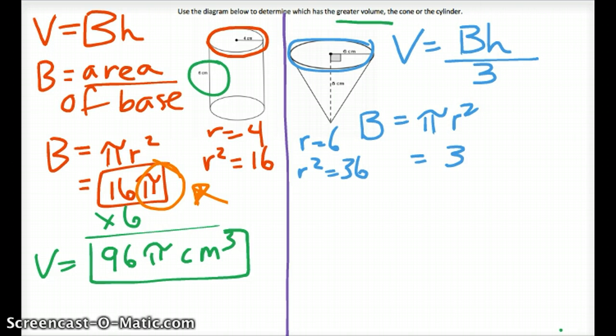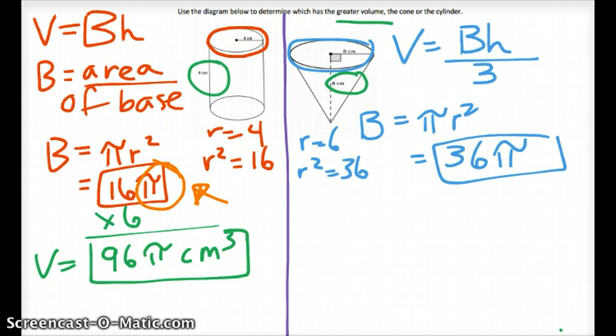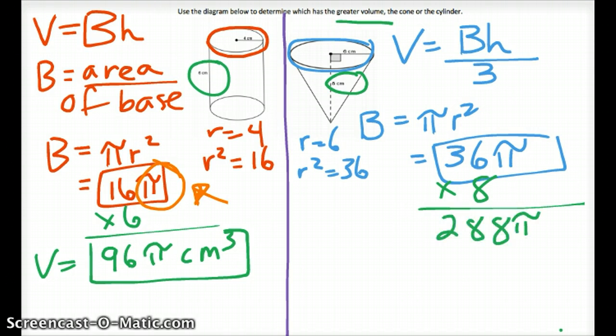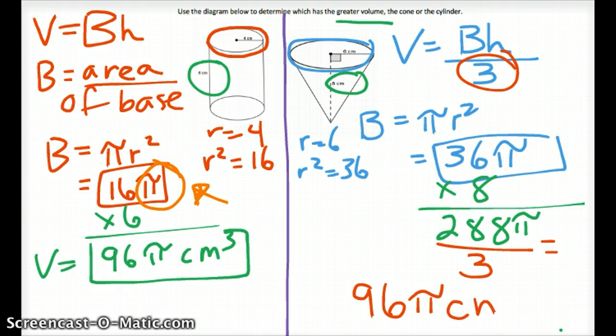So my base is 36 pi. And then I'm going to multiply that by the height, and I get 288 pi. Then the last step is right here. I need to divide that by 3. And that equals 96 pi centimeters cubed.